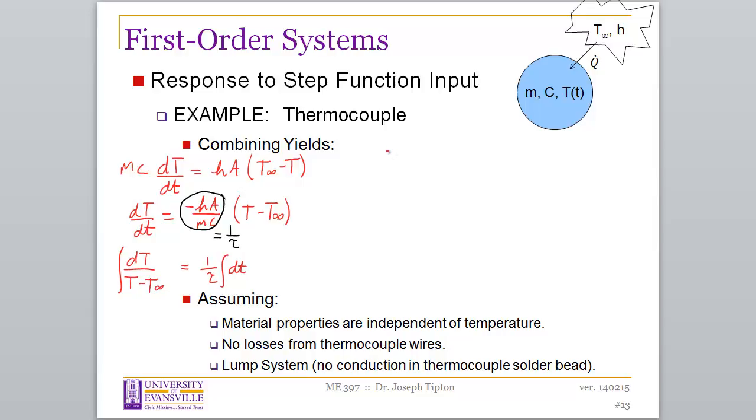And going through that then leads me to the natural log of T minus T infinity, and that's evaluated from my initial temperature to my final temperature. And on the right-hand side, that's just going to give me 1 over tau times T evaluated from 0 to T. And I'll finish that out.